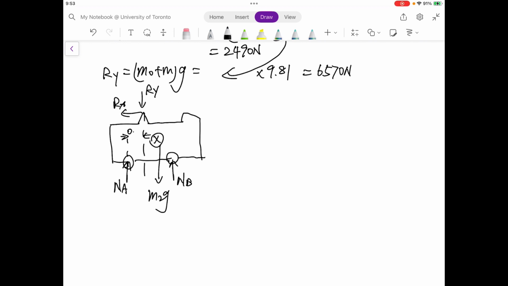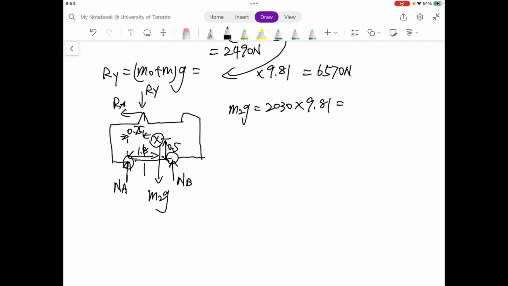This is 0.75. Here is 0.5. This is 1.8. So M2G is equal to 2030 times 9.81.